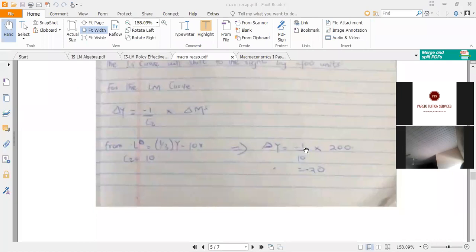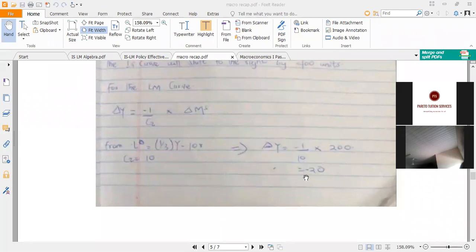So we have minus 1 over 10 times 200, which is minus 20. This means that when you increase the money supply, the LM curve will change by 20 units and it will shift downwards. If the sign is positive, it means it is shifting upwards. So this is for the C.